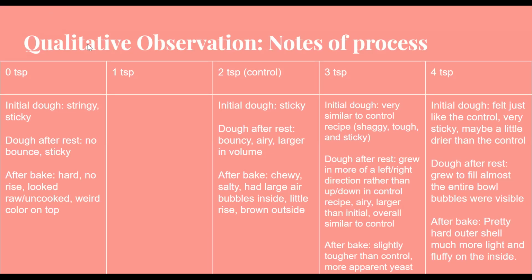For the 2 teaspoon control, the initial dough was sticky, but also kind of stringy. The dough after being rested was bouncy, airy, and it looked like it doubled-ish. And after being baked, the bread was chewy, it was kind of salty, there were lots of air bubbles, and the top was brown.